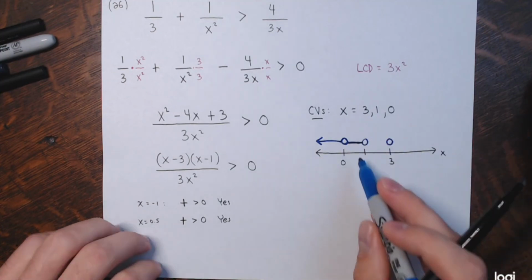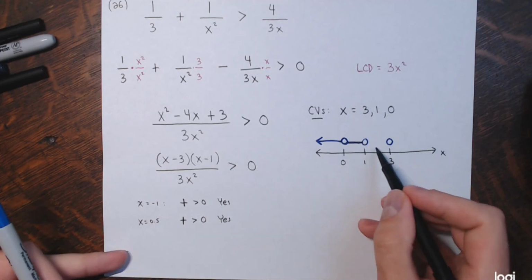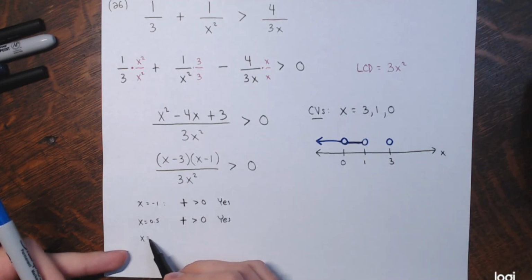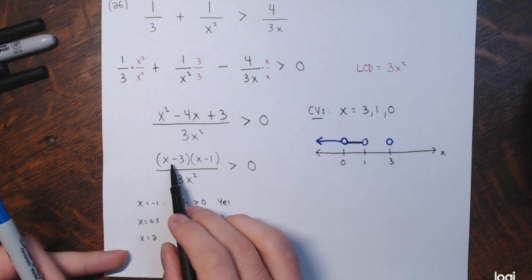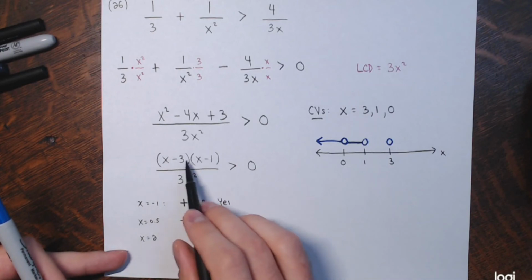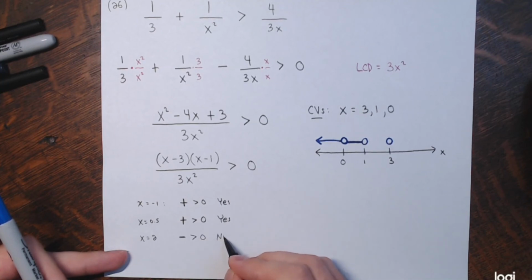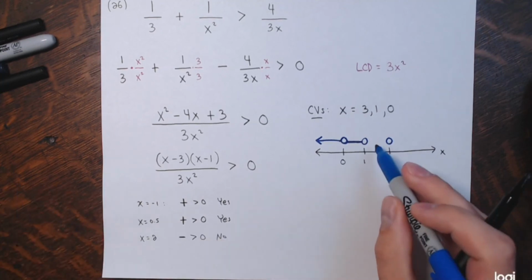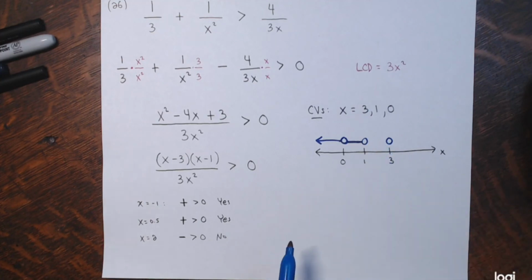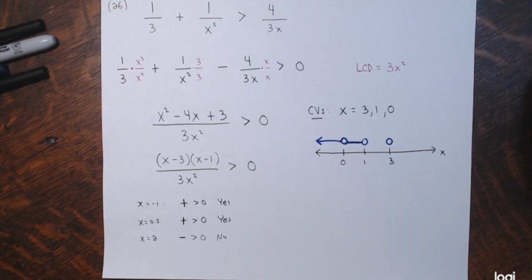I marked that off. Between 1 and 3, how about 2? You'd have a negative times a positive, which is negative numerator, positive denominator. You would have a negative number on the left. And is that greater than 0? No, it wouldn't be. So the numbers between 1 and 3 are not solutions.